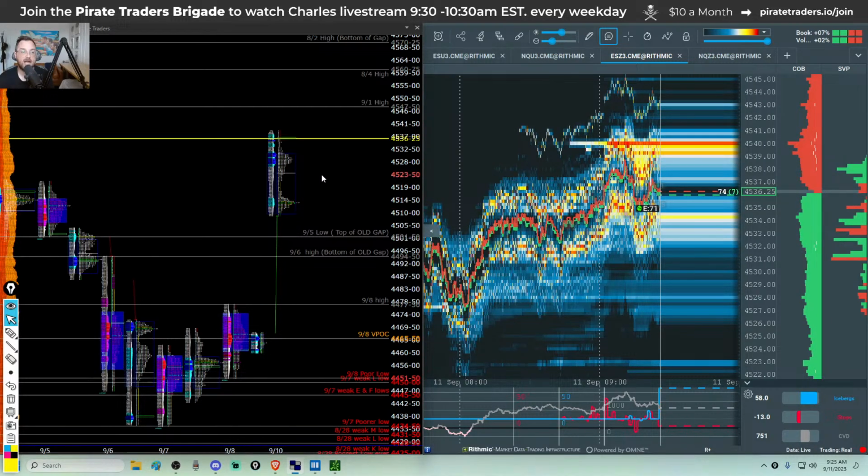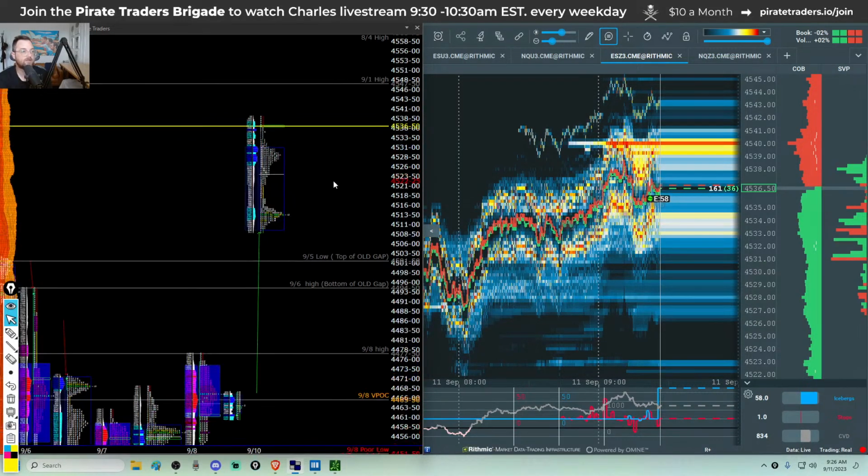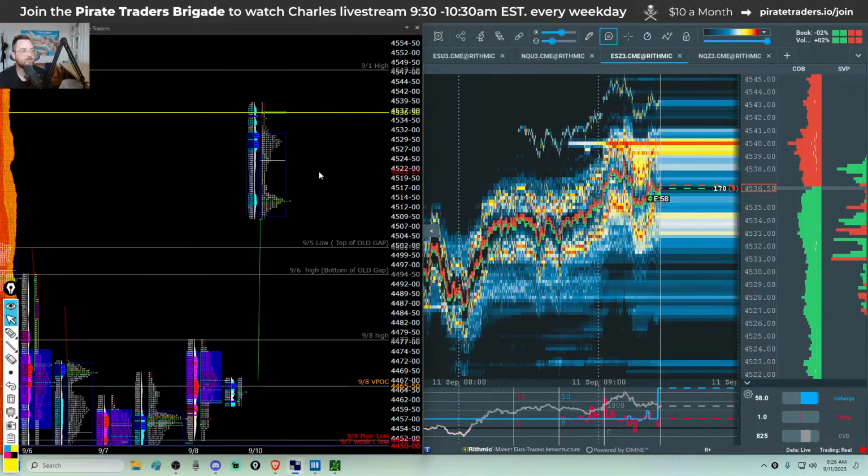So if every day you sit and you watch how that liquidity moves in Bookmap, you watch how price moves towards the large nodes, what happens when it gets there, the better and better you will get at reading it, the more and more reliable that information will be moving forward. There's no shortcut. It's just practice. It's just watching it every day and getting better and better at it. So the sooner you can begin that process, the better. If you can do it for free through Thinkorswim, why not?